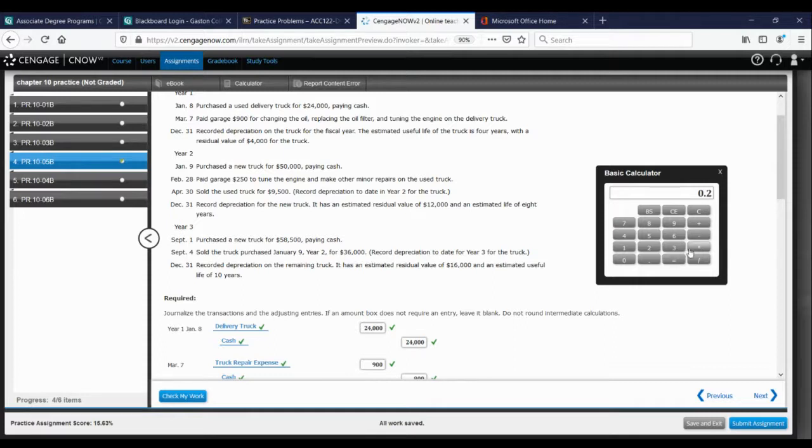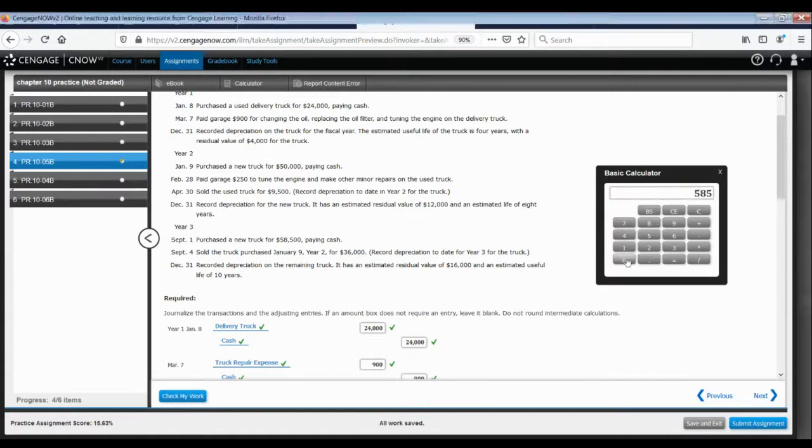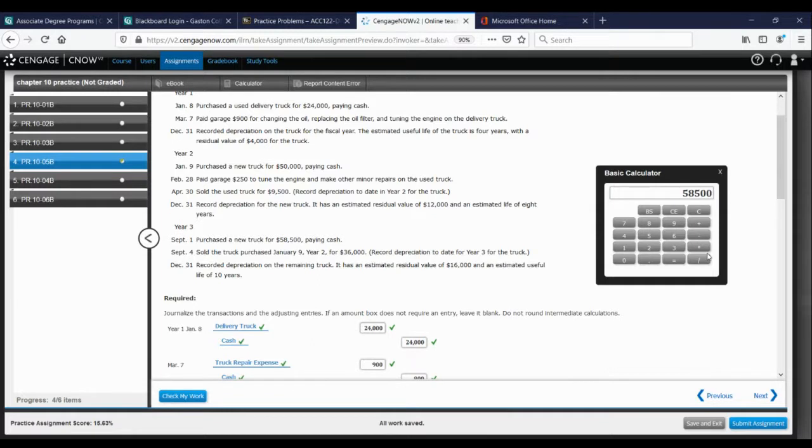We will take that 20% and multiply it by the cost of the asset. Notice the cost of the asset was $58,500. When we multiply that, that will give us the annual depreciation. But you've got to be careful about your dates. Look at when you purchased your new truck. You bought it in September, so we can only depreciate from September to December, which is a total of 4 months.